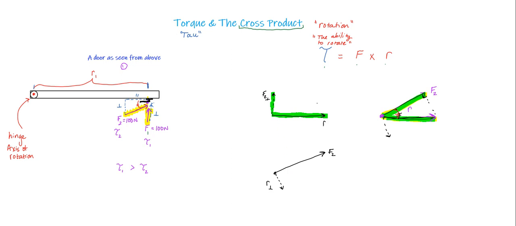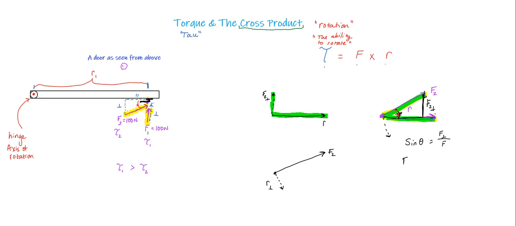Now to actually put a number to this. If this is the angle in question, and I want to multiply by the perpendicular component of the f value, so that would be f2 perpendicular, that would be opposite the angle that's shown, so this value then would be the ratio for the sine of the angle between the two vectors is equal to the perpendicular component of the force over the total force.